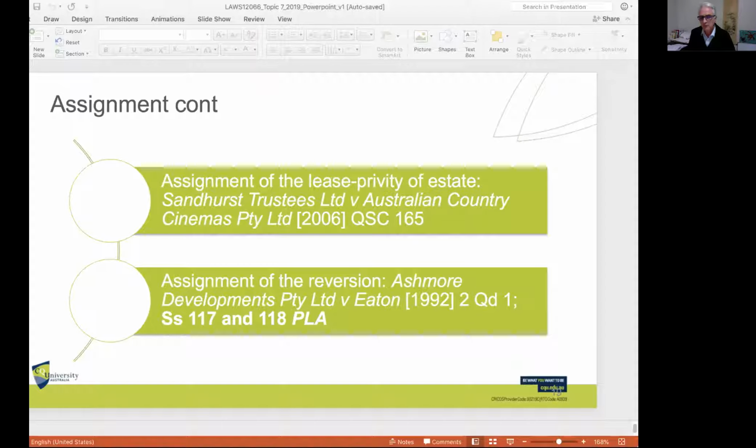The other point that we need to tease out is that in the context of assignment of a lease by a lessee, we need to distinguish the action or the conduct that gives rise to an assignment of the entirety of the lease as opposed to a sublease.